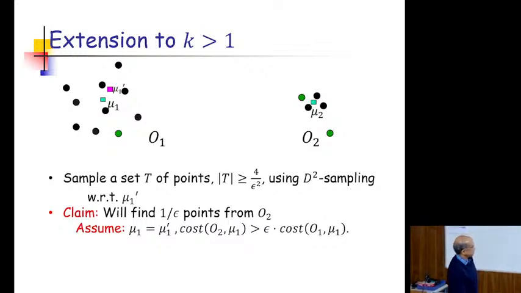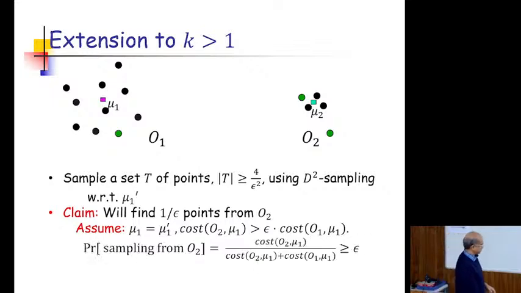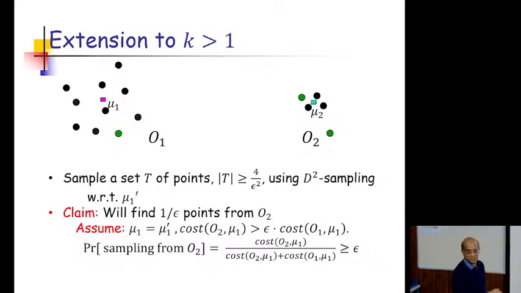So if all of these were to go to mu1, this would be more expensive than all of O1 going to mu1. Otherwise, one means would be as good as two means, which I assumed is not the case. So you do a simple calculation, and that shows that the probability of sampling a point from O2 is at least epsilon. So if you sample 1 by epsilon square points, you are likely to get 1 by epsilon points from this other cluster also.